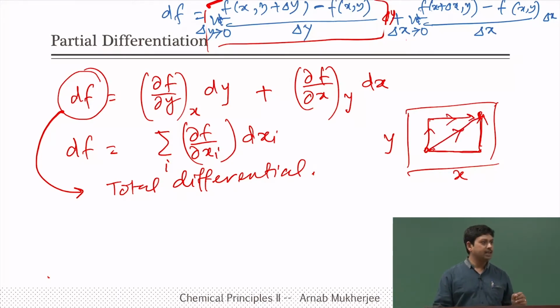So, by changing the amount of x or amount of y, this creates many different paths to reach from one point to another point. If you had only one variable, there is only one path to go, but since you have multiple variables, there are multiple paths, because all possible combinations of x, y will give you a new path. Okay. So, that creates this path functions, because now this f has the possibility to reach by different paths.